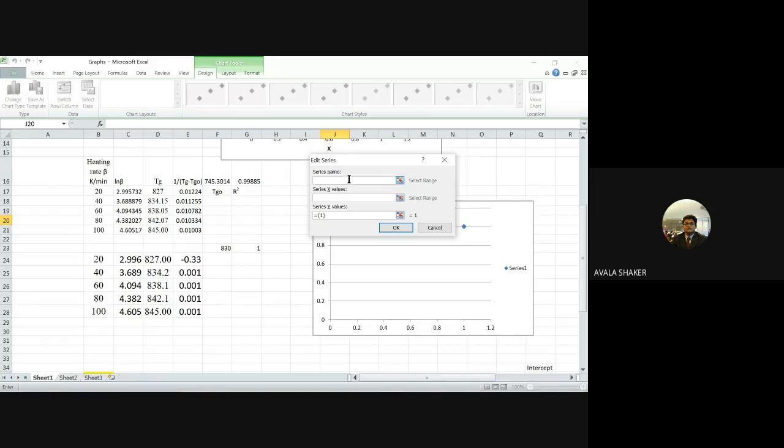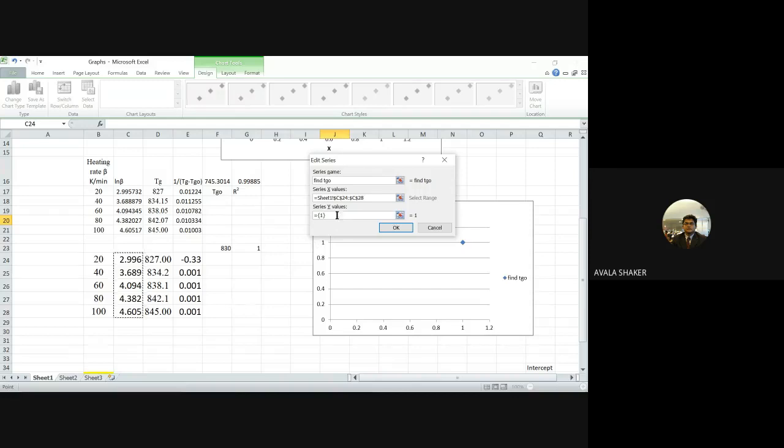We'll give it some name, find Tg0. So what is the X? Along the x-axis we have ln beta, that is the heating rate, and along the y-axis we have 1 over.